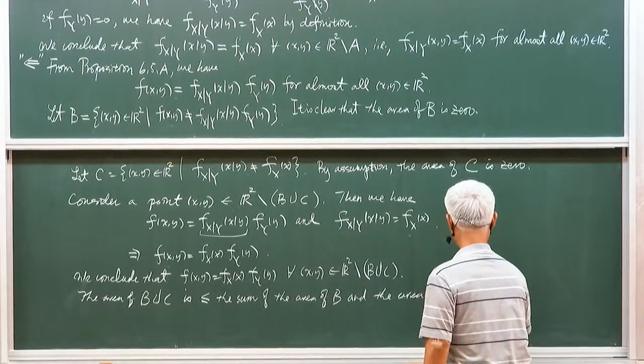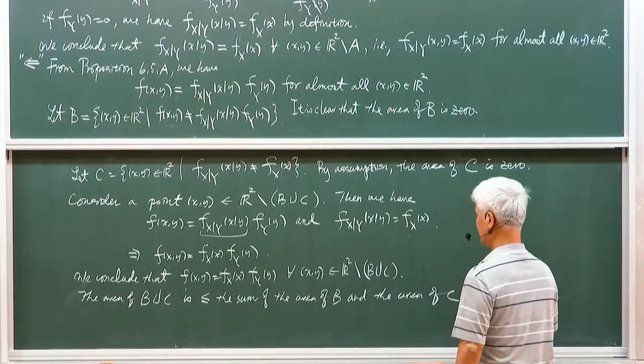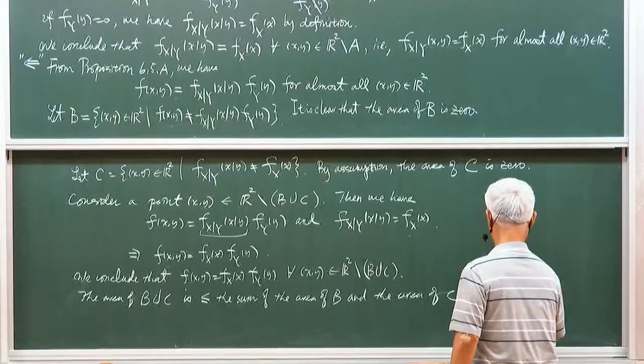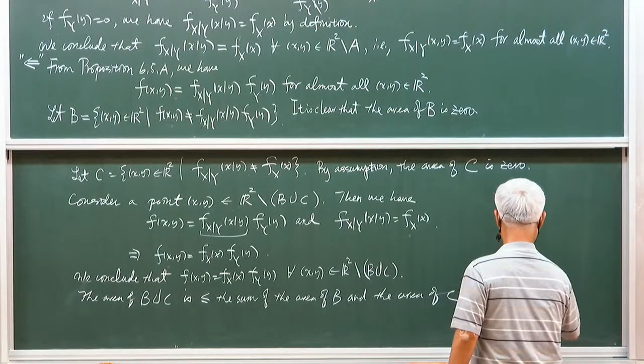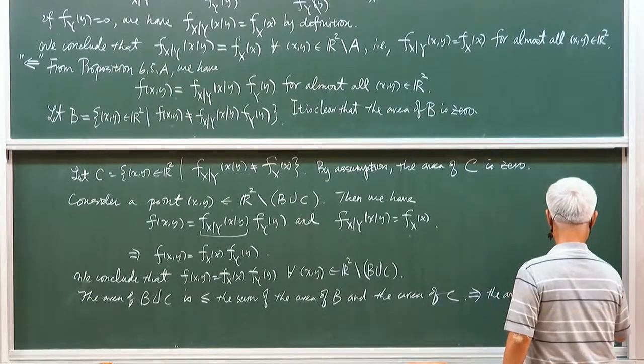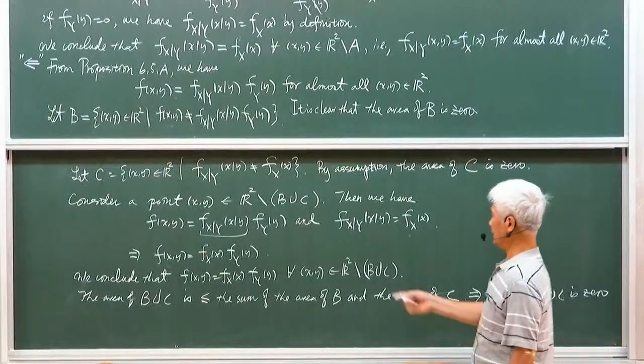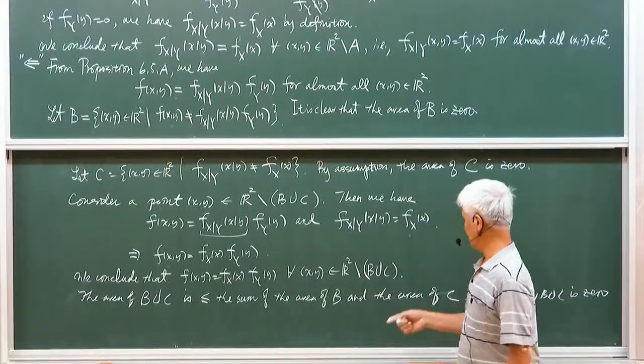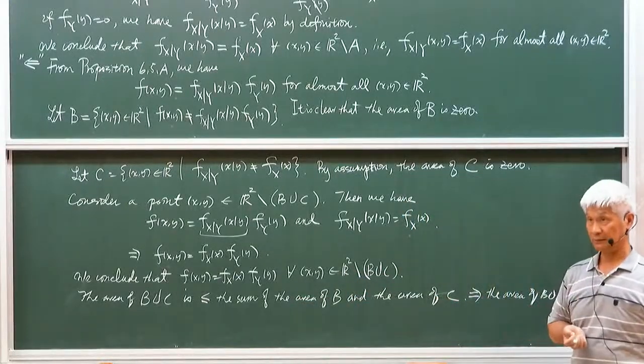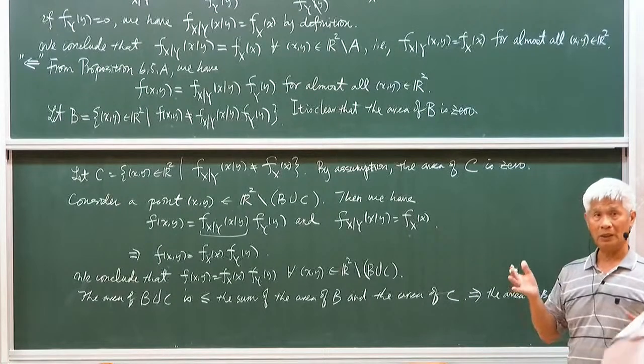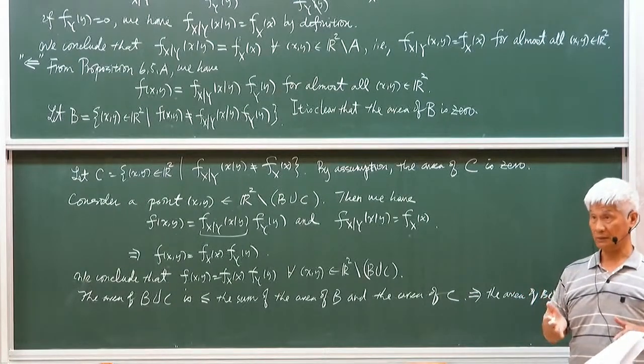Okay, and so this implies that the area of B union C is 0. Why? Because the area of B is 0, the area of C is also 0. So their union has area 0.